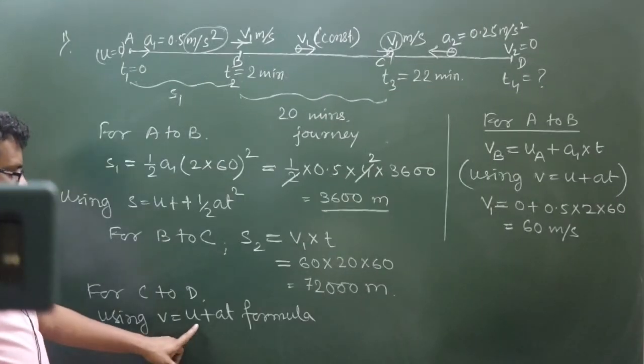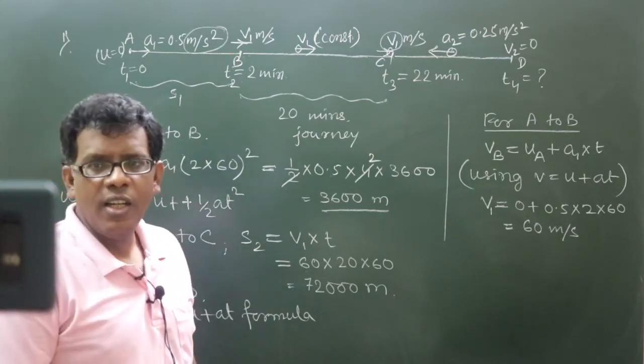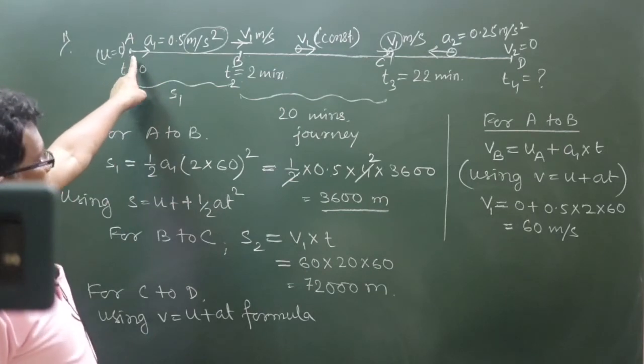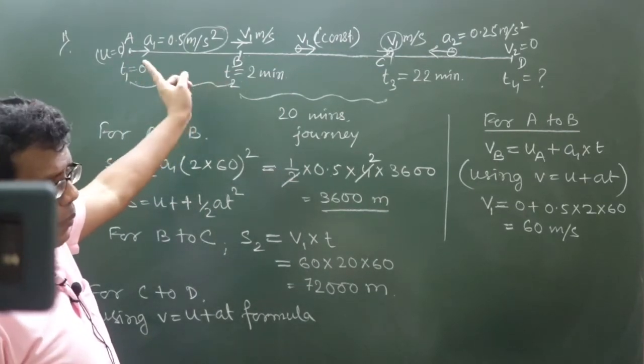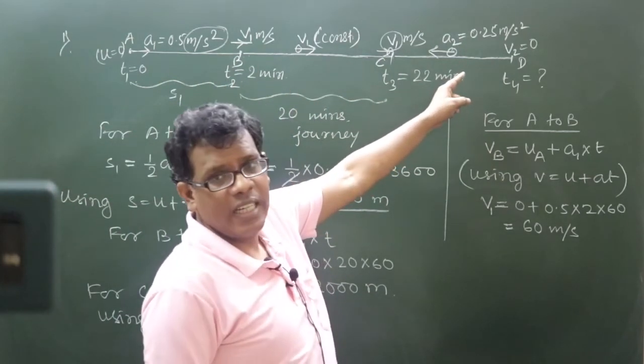So we are using V is equal to U plus AT because the last part of the journey is again under constant retardation. This time it is retardation; you can see the arrow of acceleration was in favor of the motion where velocity was increasing, speed value was increasing, and from C to D acceleration is negative.